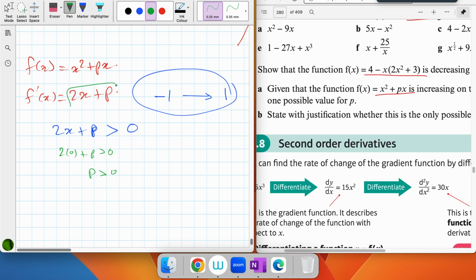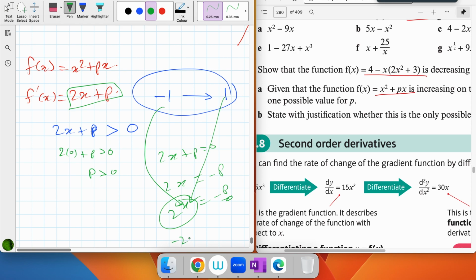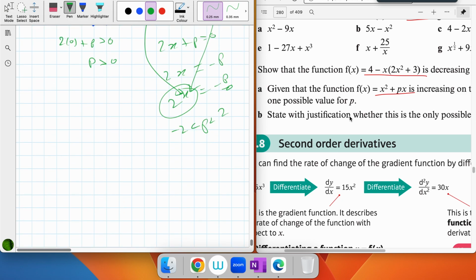One more thing we can say is that 2x plus p equals 0, so 2x must be equal to minus p, and x is minus p over 2. So we can use these values and also get the range of values of p. At minus 1 it would be minus 2, at 1 it would be 2. So the value of p ranges between minus 2 and 2.